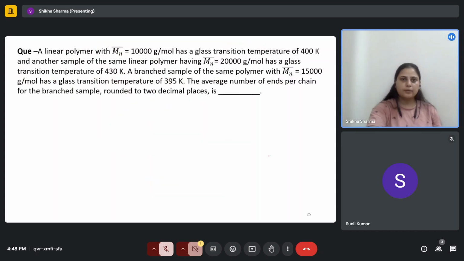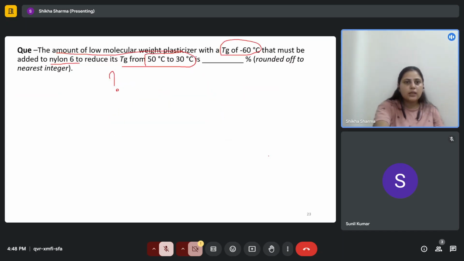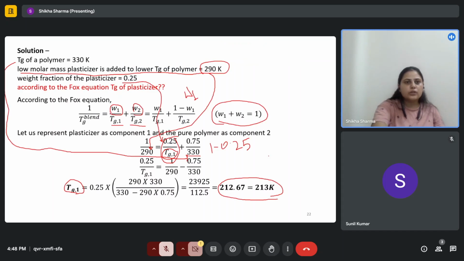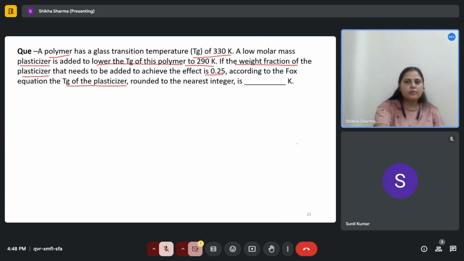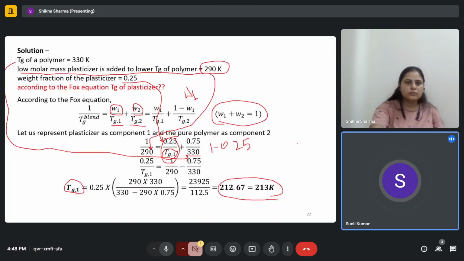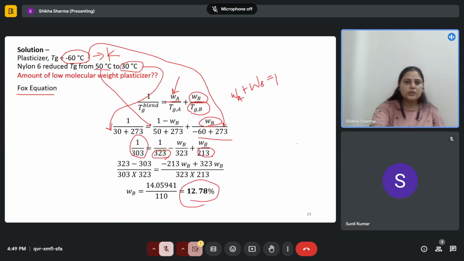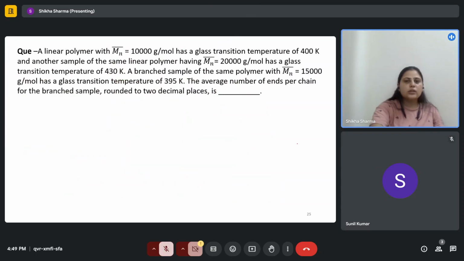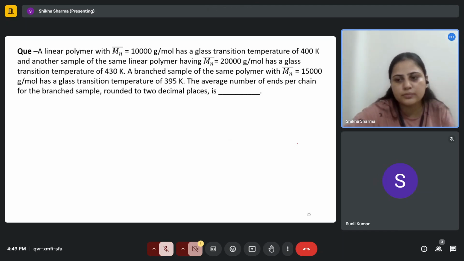Here we are just simply putting the Fox equation and we are getting the answer, right? Because we are seeing this everywhere that we need to apply the Fox equation. Our target is actually to understand the Fox equation because it is mostly used. So can we move to the next question?